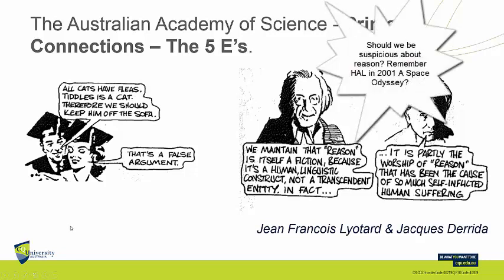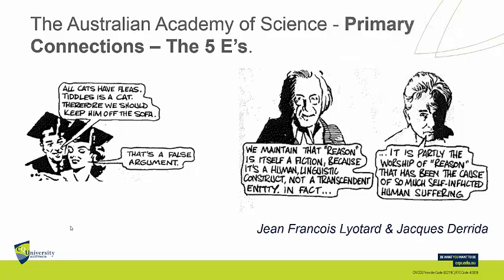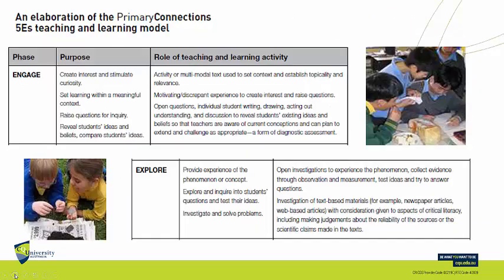Derrida, who's a brilliant theorist, said it is partly the worship of reason that has been the cause of so much self-inflicted human suffering. And of course he has a huge point there if we look at the current scenario we find ourselves in. With industrialisation and mass production and degradation of the environment and overpopulation, there's a lot of things there that we could actually attribute to the concept of reason and advancement.